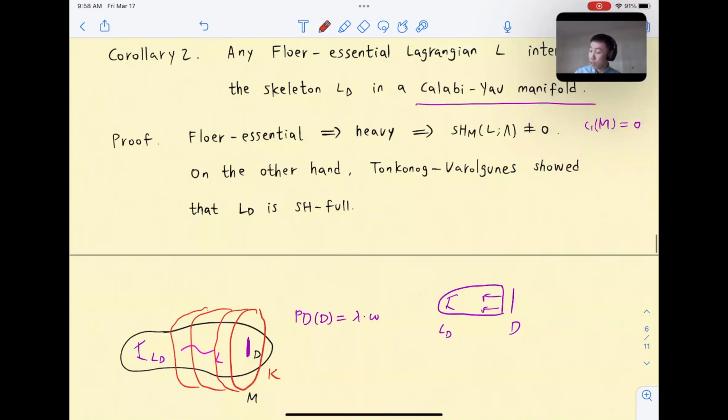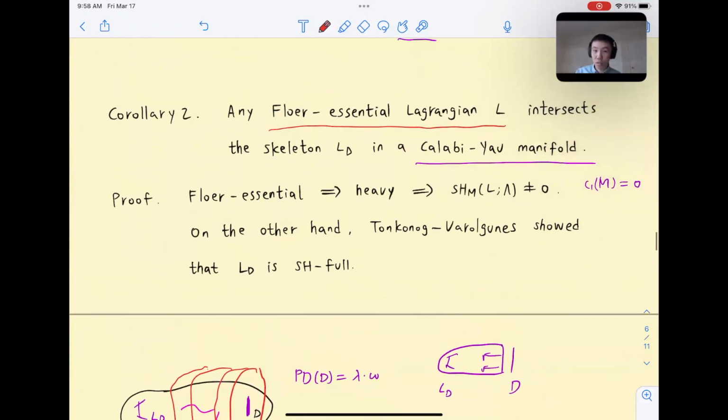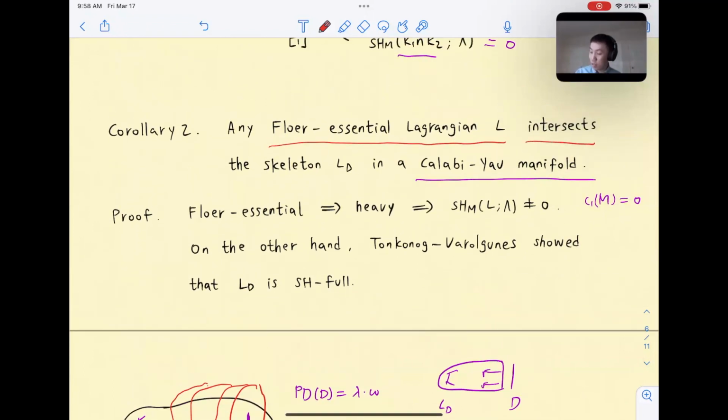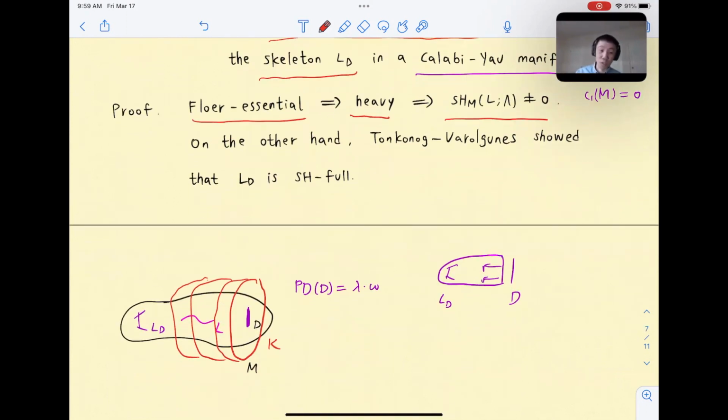So therefore, combined with the previous criterion on Lagrangian Floer, we can show that any Floer essential Lagrangian L must intersect the skeleton D. Since Floer essential means that the self-Floer cohomology is non-zero, by the previous theorem it is heavy. Heavy implies that it has non-vanishing invariant, which contradicts the following argument: if it's away from this skeleton of D, it must have zero relative invariant.